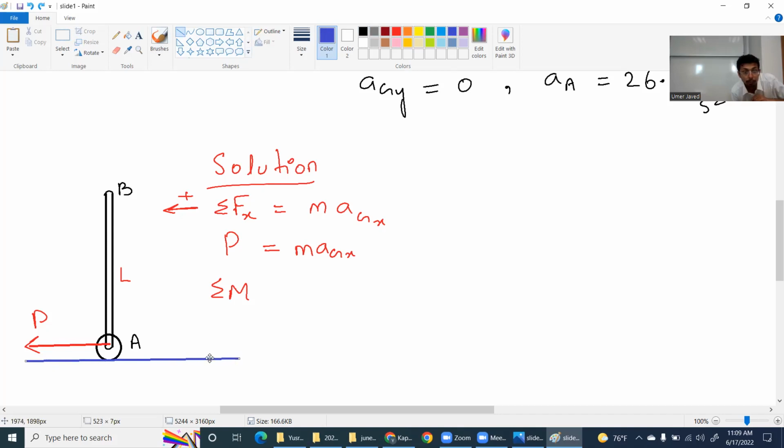So this is some sort of a table on which this object is going. Now you tell me, where will be my point of rotation? Point of rotation. It's going to rotate around the point A.